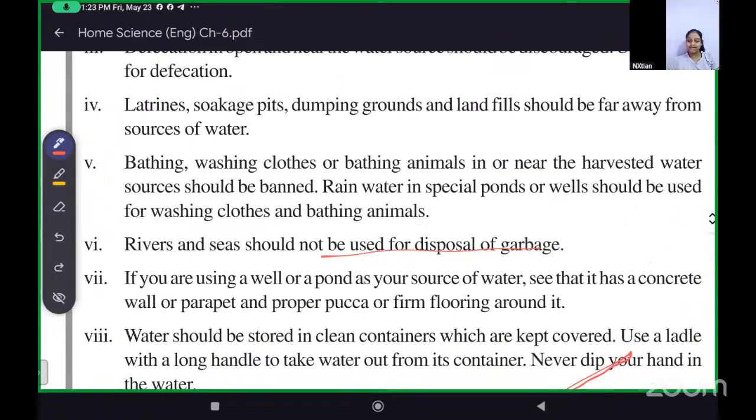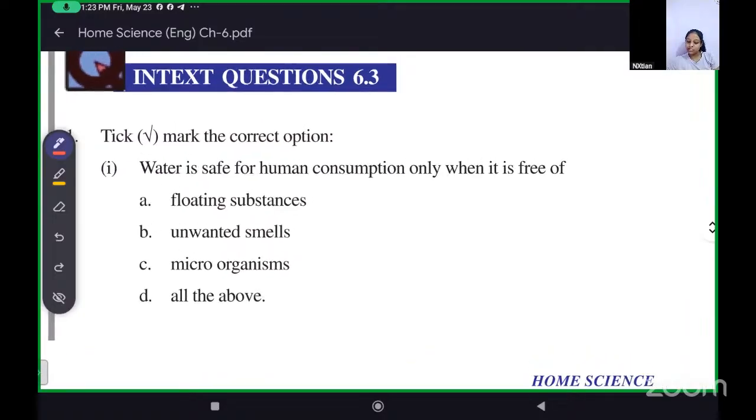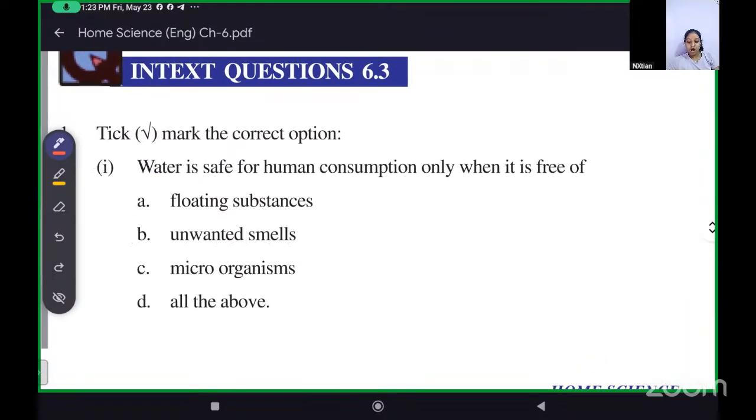We will move on to some questions. What is safe for human consumption only when it is free of? All of the above. Very good.